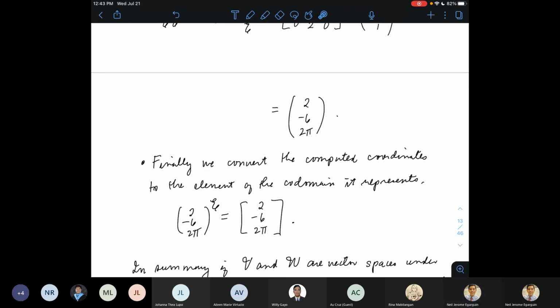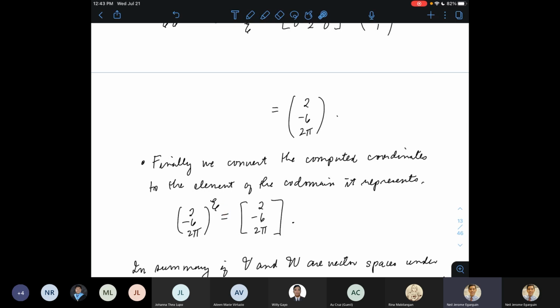So, para makuha ano yung actual image ng given vector, I need to translate these coordinates using the ordered basis for the codomain. So ito yung compute natin coordinates. Ang notation ko, ina-upper E ko lang siya para ma-expand siya with respect to the basis E. Alright?